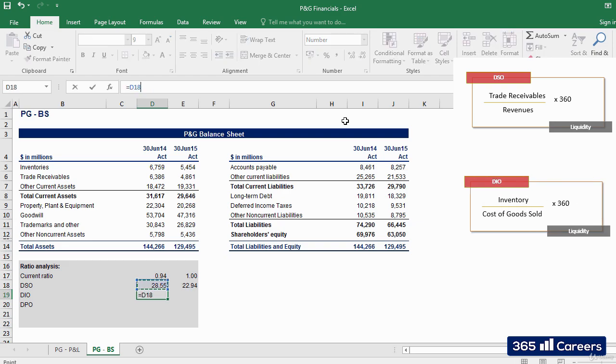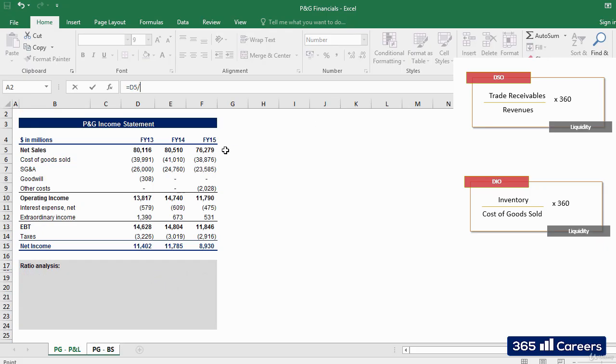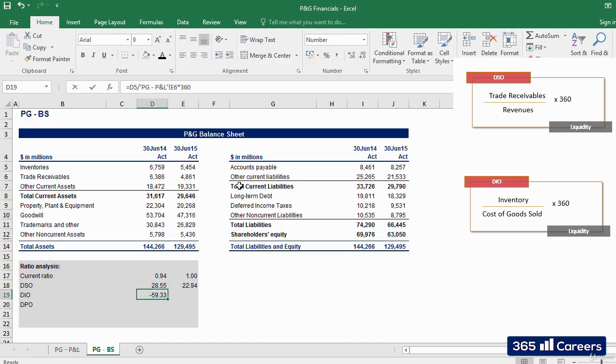In order to obtain DIO, we need to divide inventories by the firm's cost of goods sold for the respective year and multiply by 360. I'll have to put a minus sign in front of the formula because COGS are negative in the income statement that we have here.